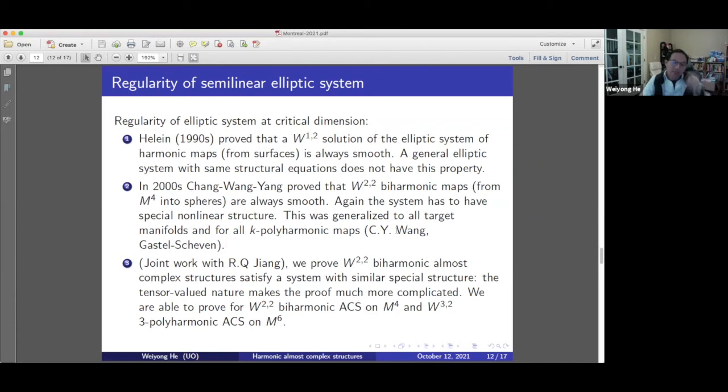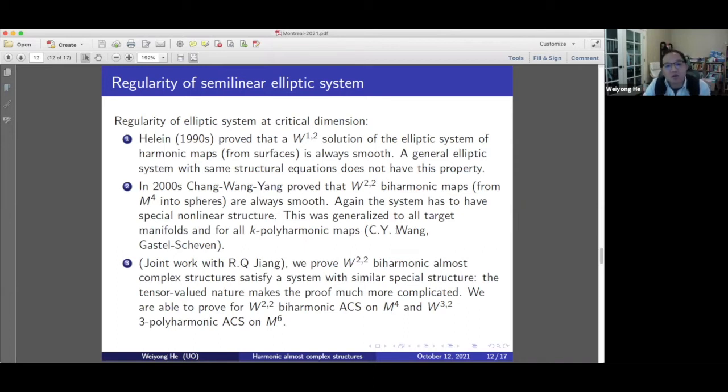So the interesting thing is, since these W^{2,2} objects are actually smooth, we can talk about the actual topology and geometry of these almost complex structures. So we can fix homotopy classes. Basically, the talk up to now just applies the existence theory of harmonic maps, polyharmonic maps, or biharmonic maps to this new setting.